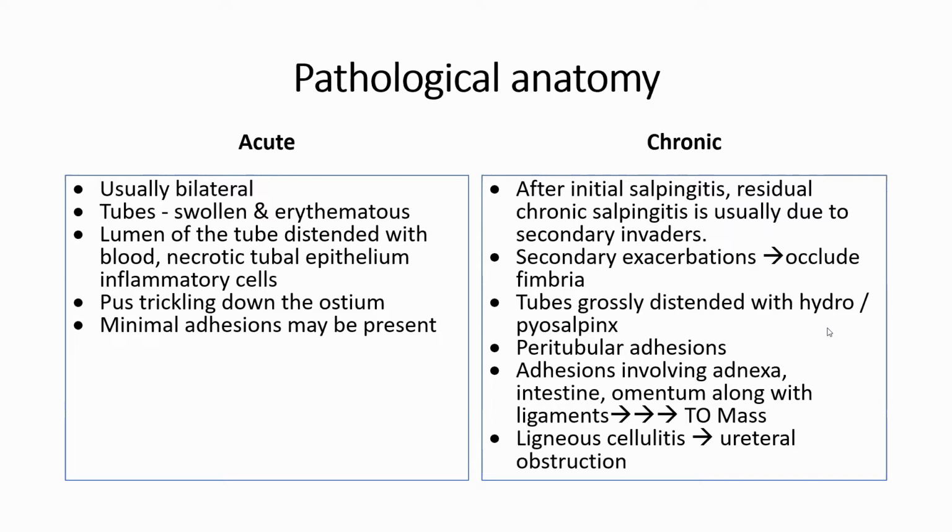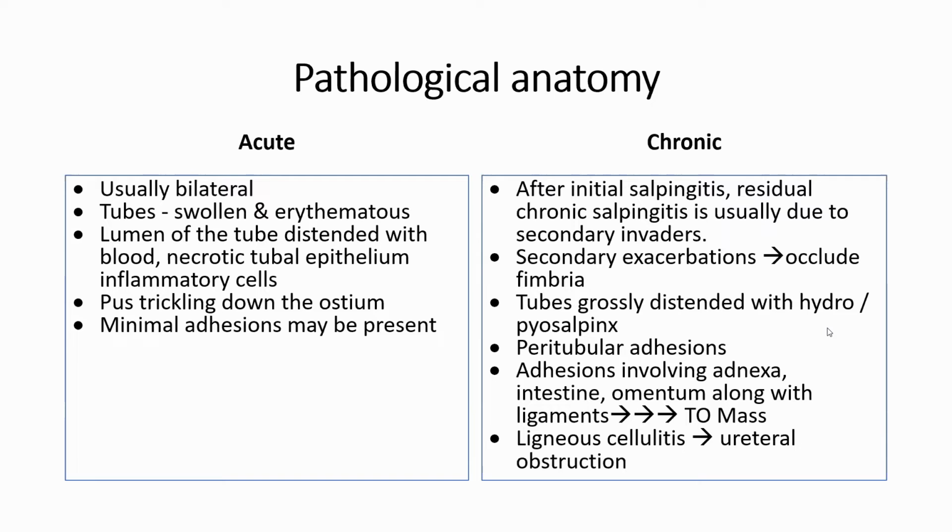Then there will be secondary exacerbations, on and off, which can occlude the fimbrial end of the tubes. After the occlusion, there will be gross distension of the tubes, what we call hydrosalpinx, or if it is filled with pus, we call it pyosalpinx.